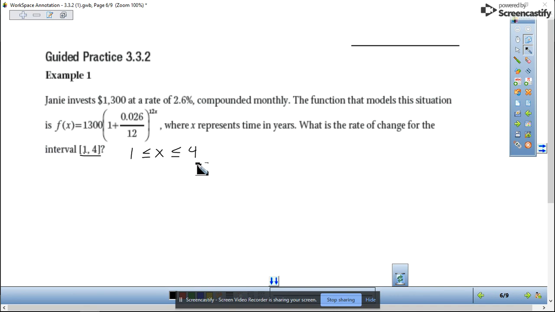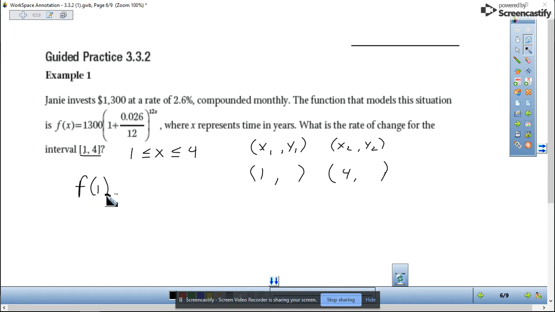We don't have a graph, so we can't look at the graph and kind of see it. So what we need to do is get a couple of points. We need to get x1, y1, and x2, y2. And now they were nice enough to give me that my x1 is 1, but they didn't tell me what y should be, and 4. So I need to use my calculator or use my ability to plug functions in, or points in, to figure that out.